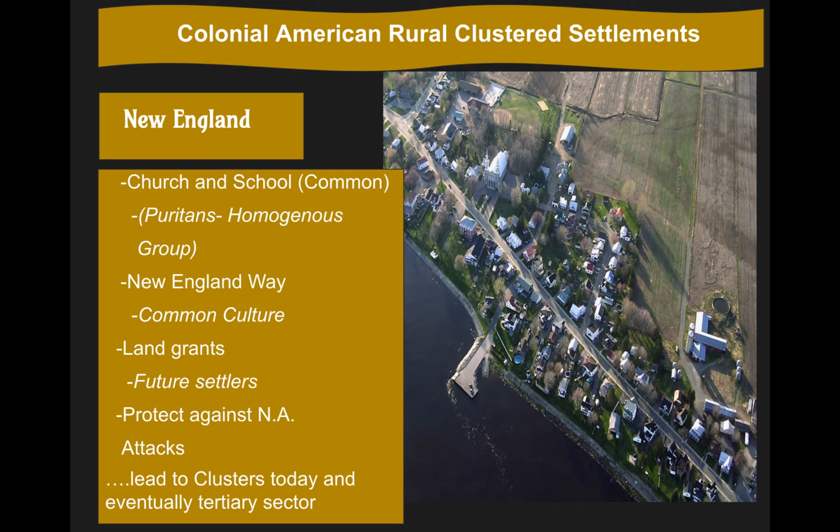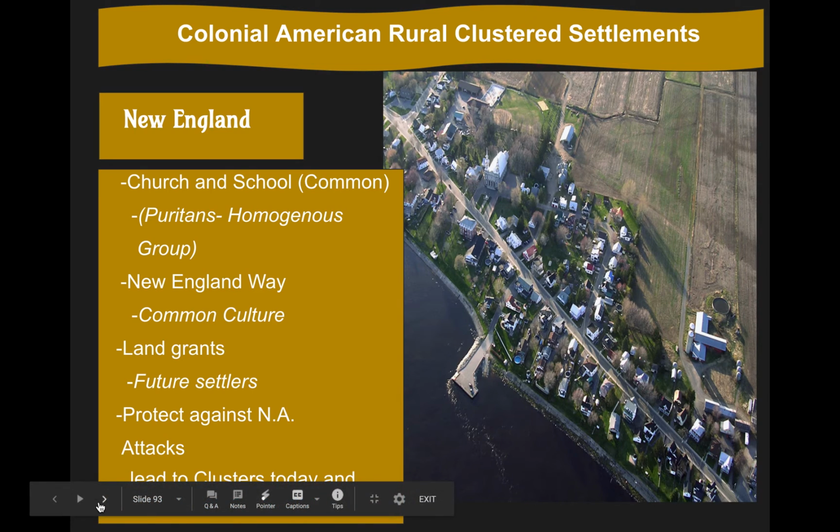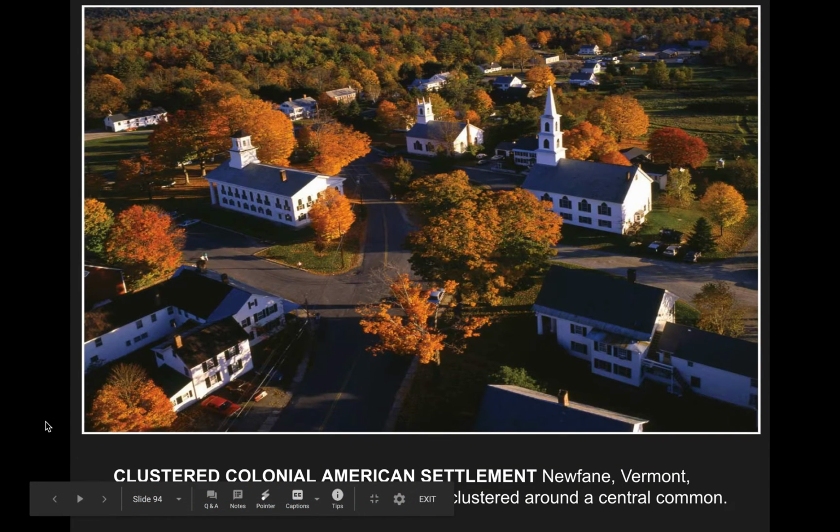There will be settlement based on grants, and then this will further explain the clustering and high density of these settlements, which explains some of the major cities we see today that came from these clustered early settlements in New England. All right, there's an example you can see with the church at the center, the religious, again conforming to that New England way.